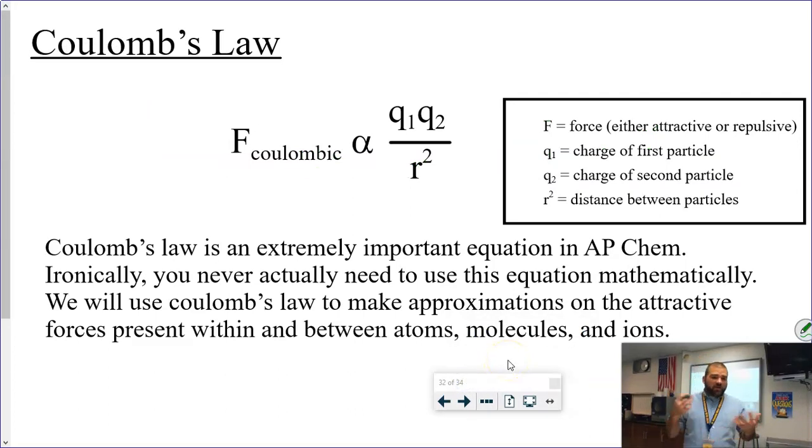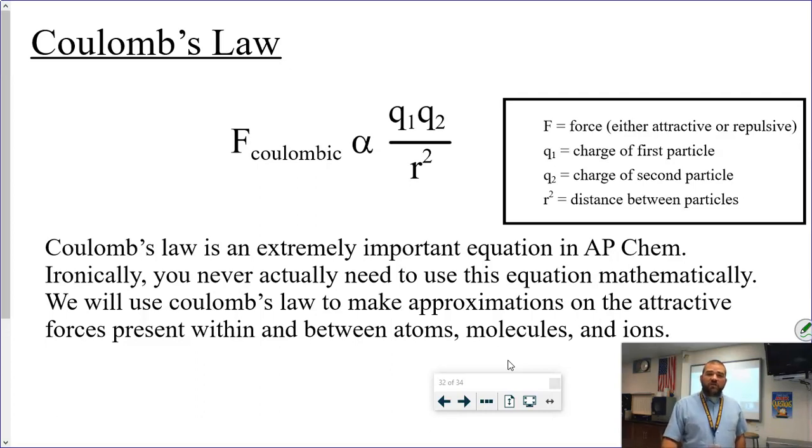With that, and again kind of transitioning into 1.6, comes something known as Coulomb's law. All right, if you look at this definition or this equation on your sheet, it looks rather annoying. Good news, we will never use Coulomb's law mathematically, meaning I'm not going to require you to plug in any numbers for this.